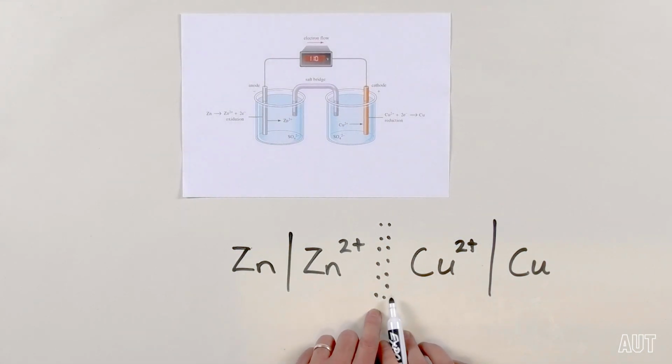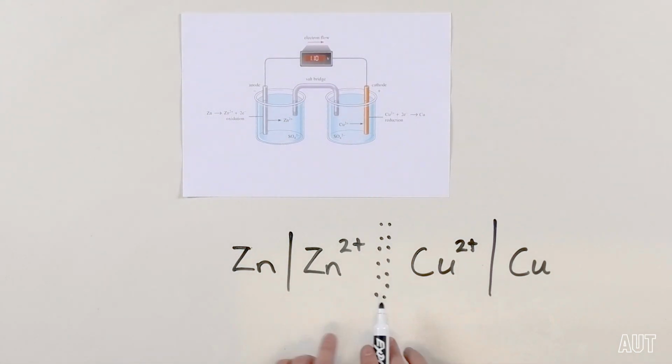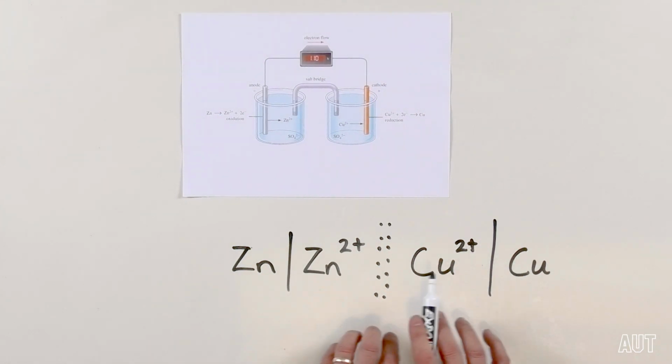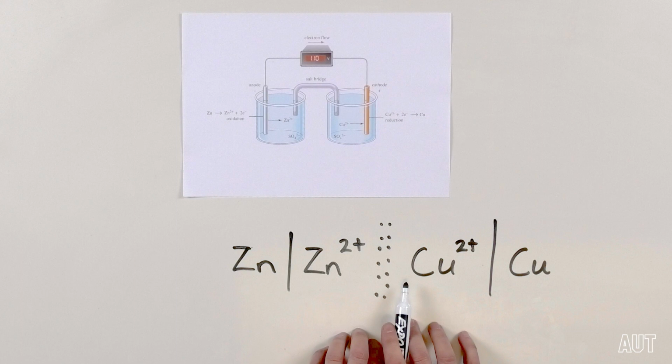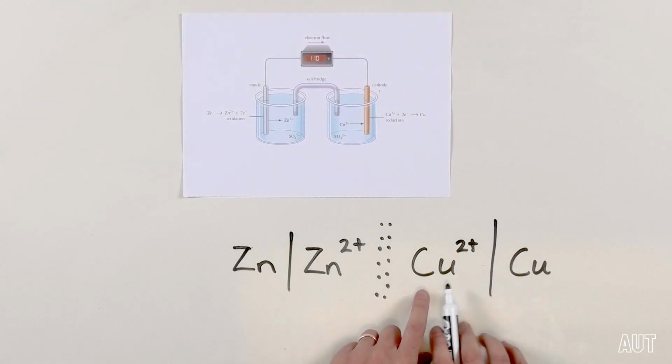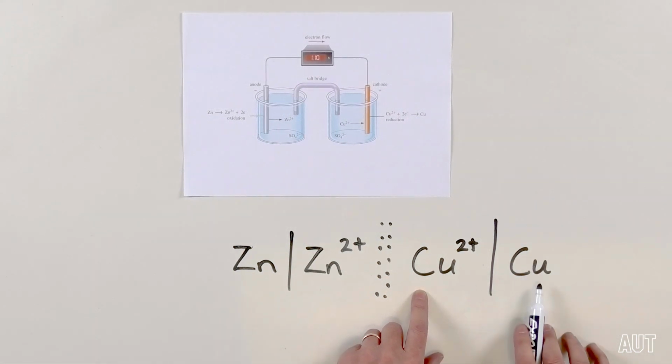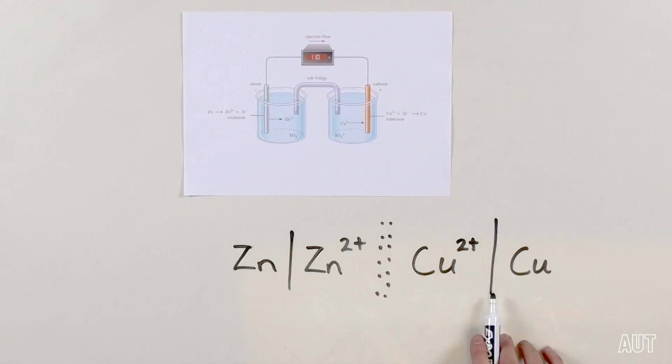The double dotted line here refers to the fact that we've got a salt bridge, essentially, so that this left-hand side is separated from this right-hand side by a salt bridge. Okay, and on the right-hand side, what have we got? We have got aqueous copper 2+ here, and that is a different phase from solid copper here, and so therefore we denote that with a solid line like so.